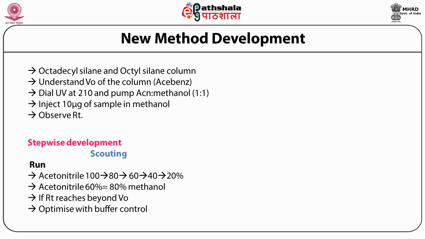I will run the same sample of 100 microgram in 100% acetonitrile, followed by the next run with 80% acetonitrile and 20% water, then 60% acetonitrile and 40% water, and 20% acetonitrile with water. By this way, I will slowly come to know when I am getting the peak away from V0.